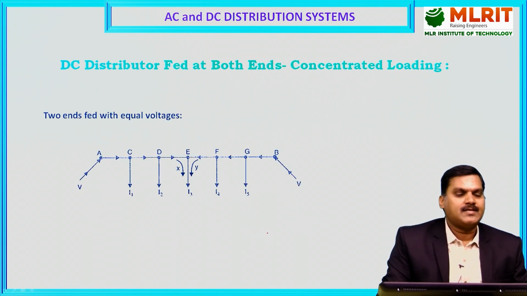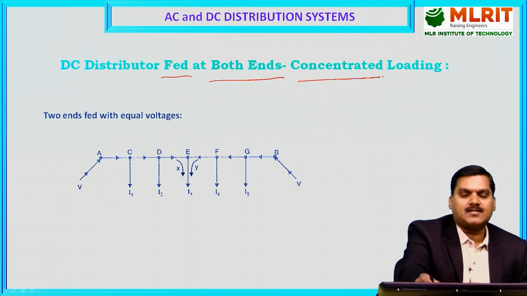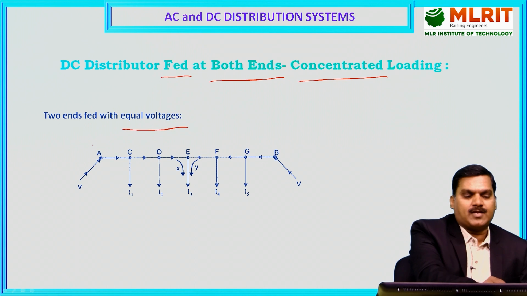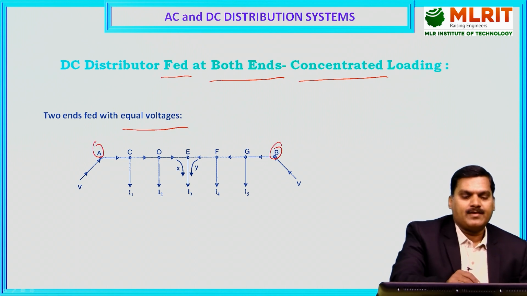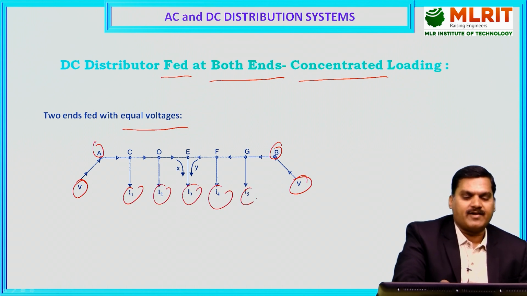In the previous case, it was a DC distributor fed at both ends, concentrated loading, equal voltage. So, it is a DC distributor from A to B, equal voltage feeding at both ends, concentrated loading. These are the different cases.